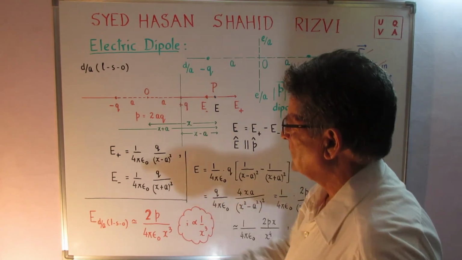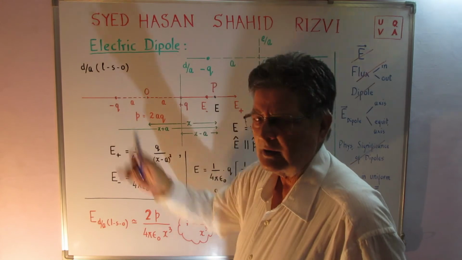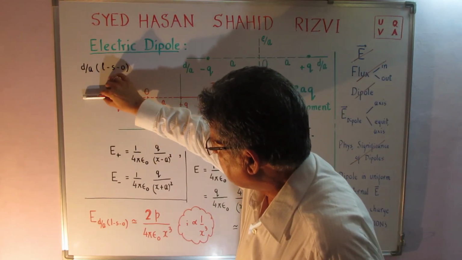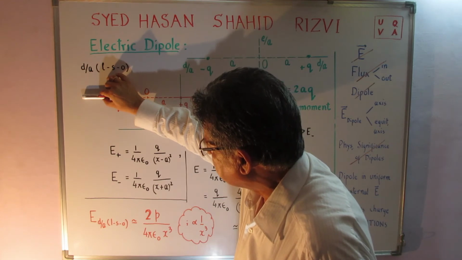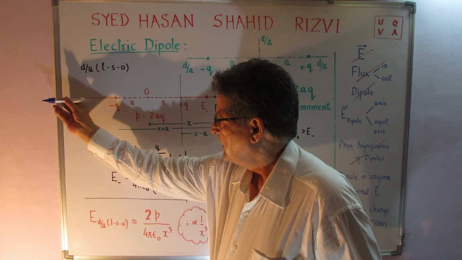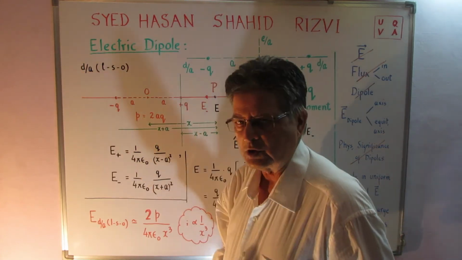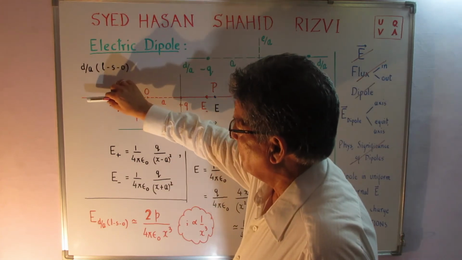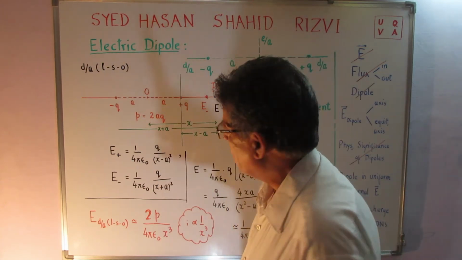Suppose I take the point over here, then what happens? It is closer to this, but the electric field over here due to the negative charge is more as compared to the pushing electric field due to the positive charge, and therefore once again the net direction will be like this.